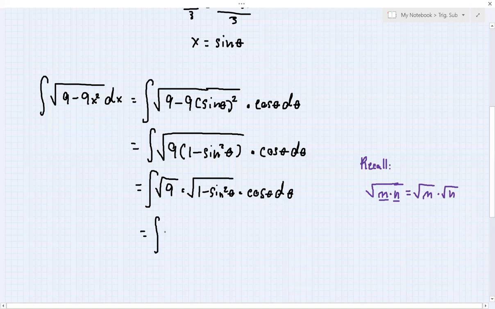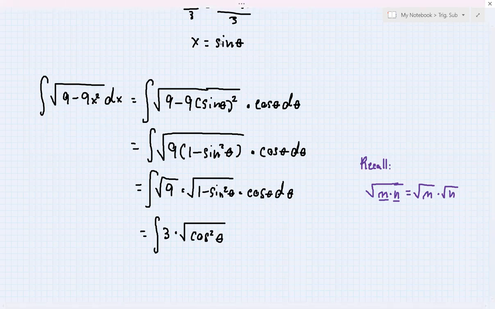So this square root of 9, I can rewrite as 3, because the square root of 9 is 3. Here, I can rewrite this as cosine squared theta. Alright?